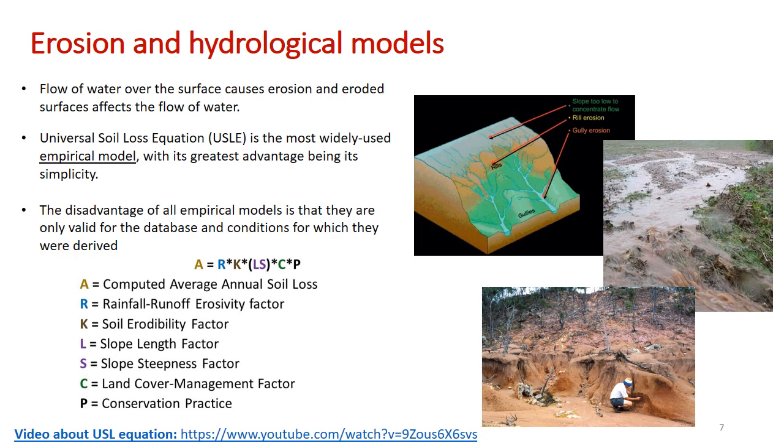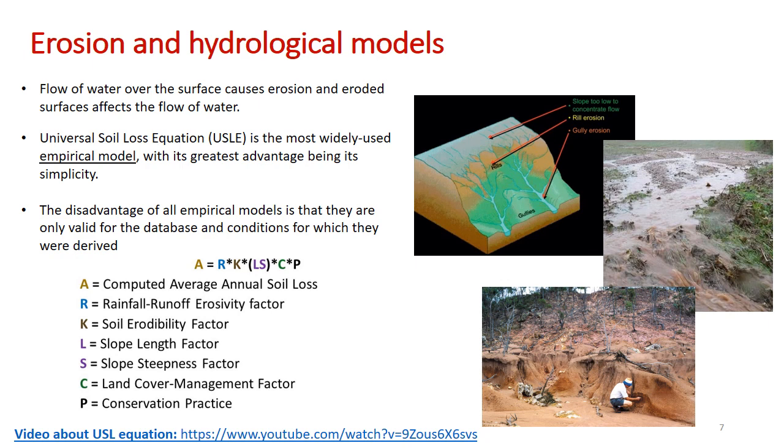R stands for rainfall erosivity factor, which means that if you have very intense rain, then that intense rain would cause more erosion than a mild, calm rain. Then the soil erodibility factor describes how susceptible the soil is to erosion, or how easy or difficult it is to erode.